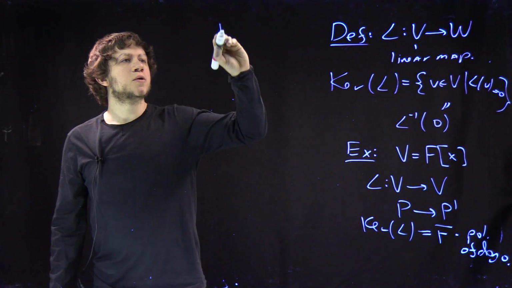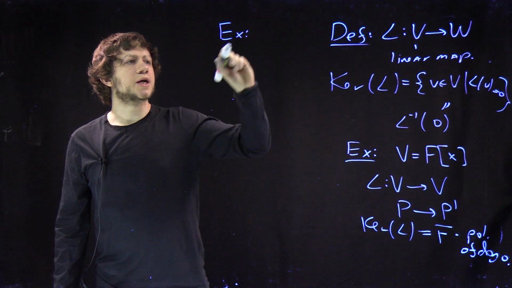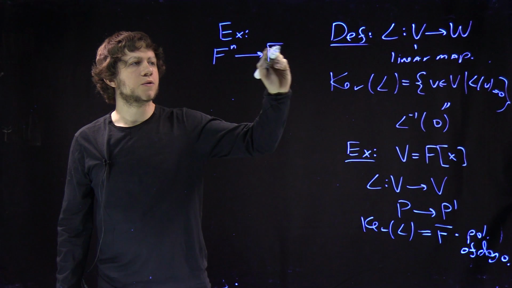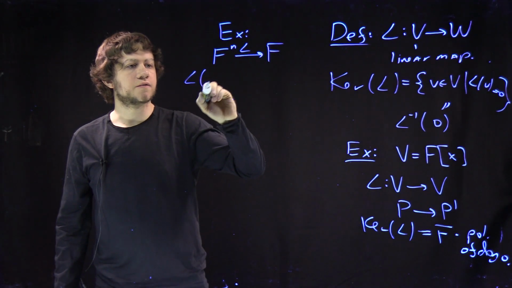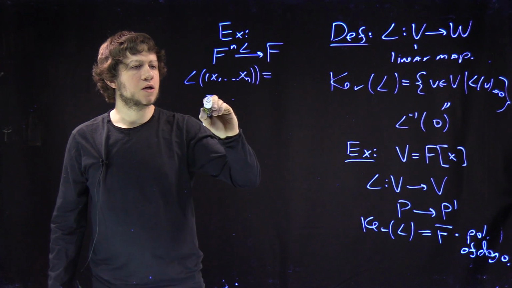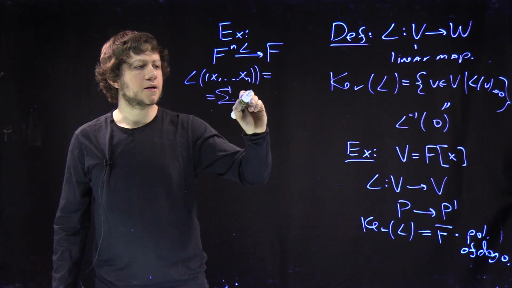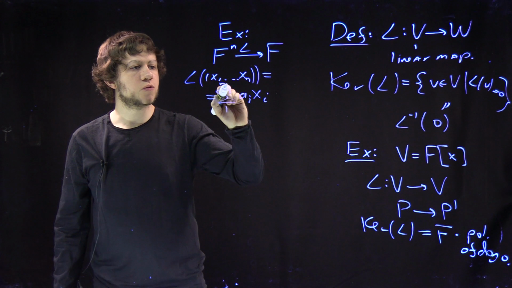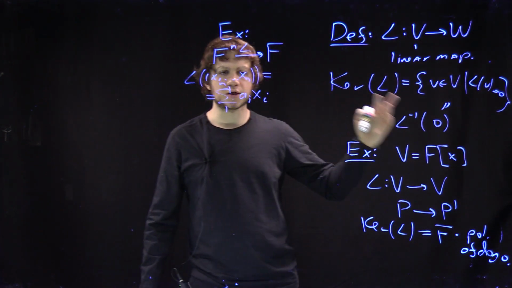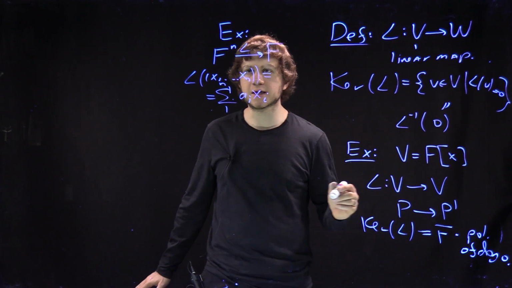Maybe another example is, for instance, you can take this map from F^n to F, which I call L, where L of (x1, ..., xn) equals the sum of a_i x_i from 1 to n. So this linear map, a1x1 plus a2x2 plus and so on, plus anxn, we already discussed.